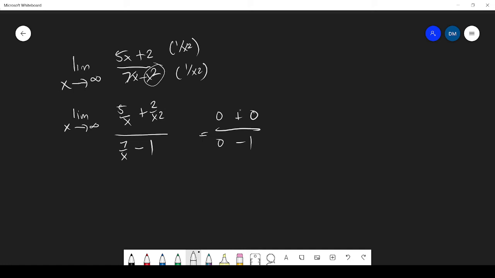And 0 divided by negative 1, that is just equal to 0. So therefore, the limit of the function 5x plus 2 over 7x minus x squared at x is approaching positive infinity is equal to 0. Yun. So ganun lang.